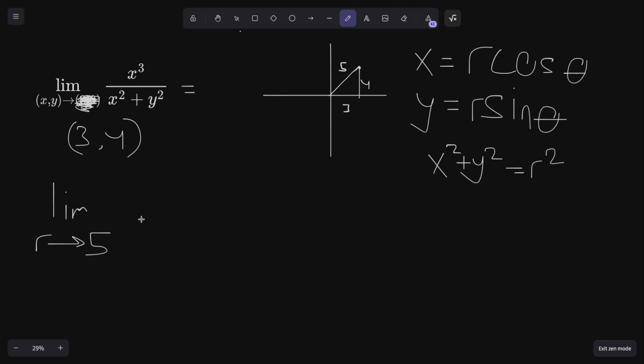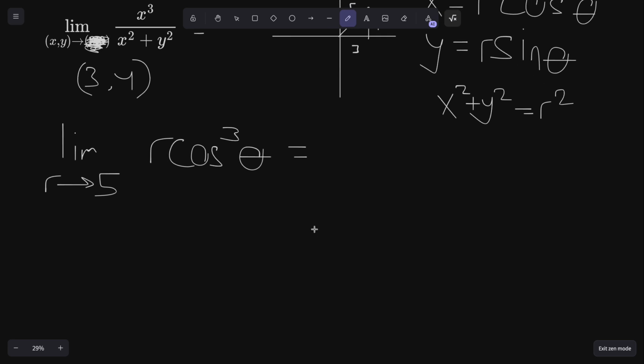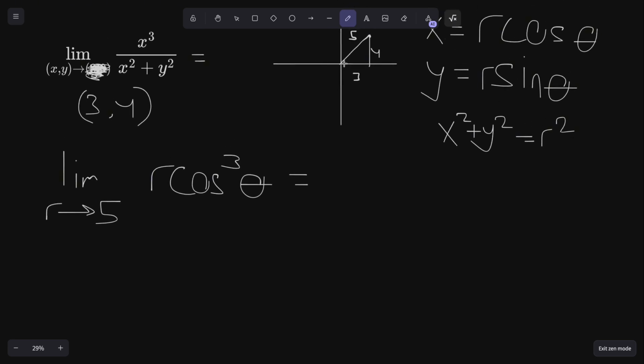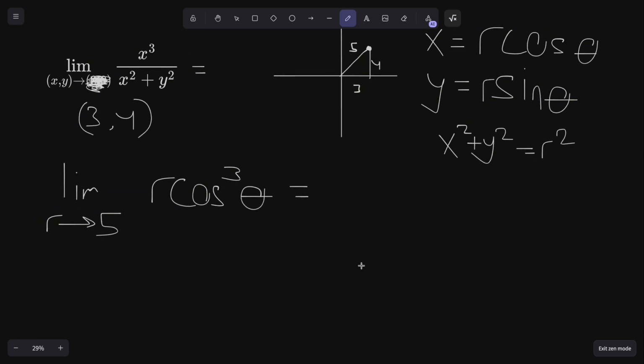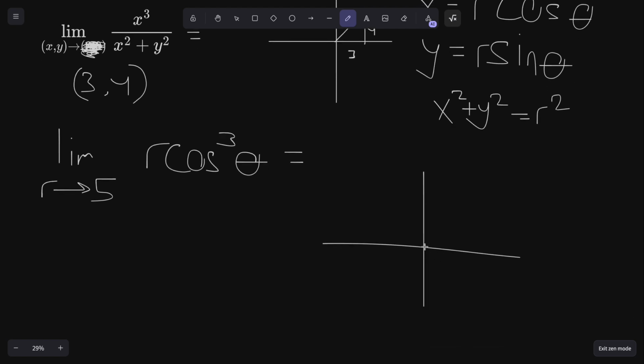This is going to be the r times cosine 3 theta that we were talking about before. So instead of r approaching 0, now it's approaching 5. Now the problem is that when we're approaching the origin, the angle didn't really matter. But when we are approaching a point that is not the origin, the angle does matter. Because this is a point with radius 5.